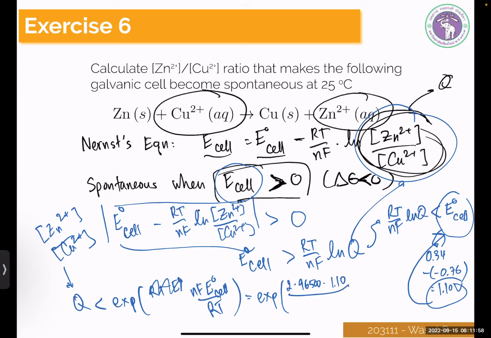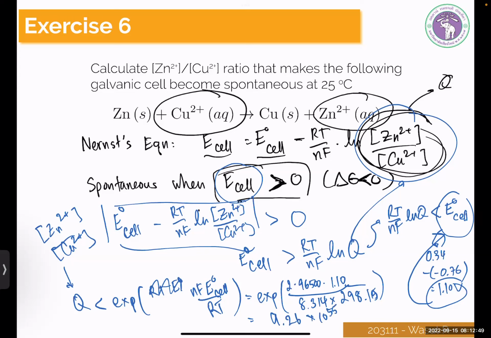So if I work out this number, I found out that the answer would be, let's see, which is quite a lot. So it's 9.26 times 10 to the 55.